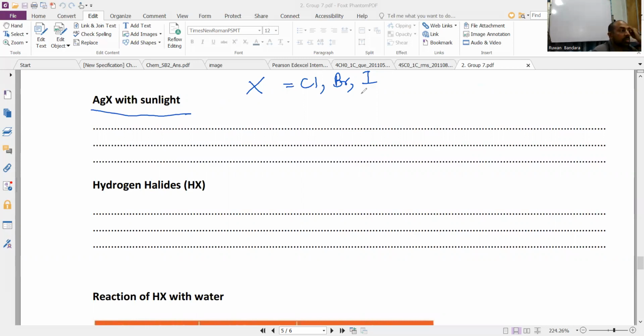AgCl and AgBr precipitates turn dark due to the formation of silver.